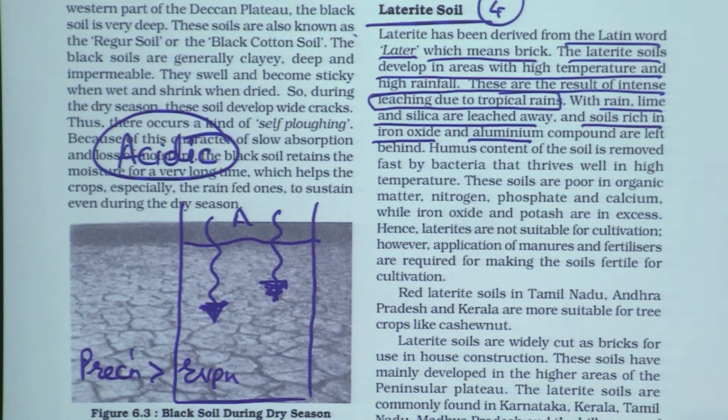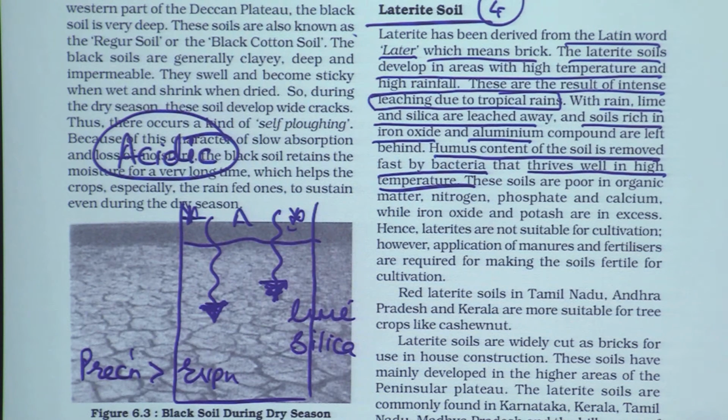This results in lime and silica getting leached away, and aluminium and iron oxides remain confined here. Humus content in the soil is removed fast by bacteria that thrive in high temperature. These soils are poor in organic matter, nitrogen, phosphorus and calcium, while iron oxide and potash are in excess.